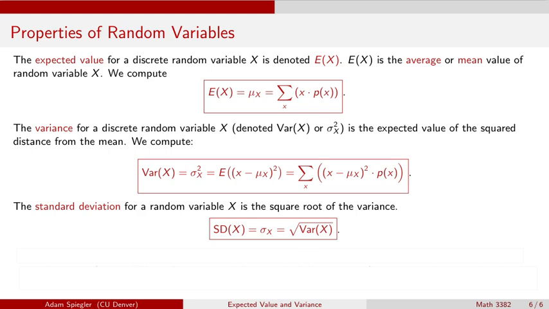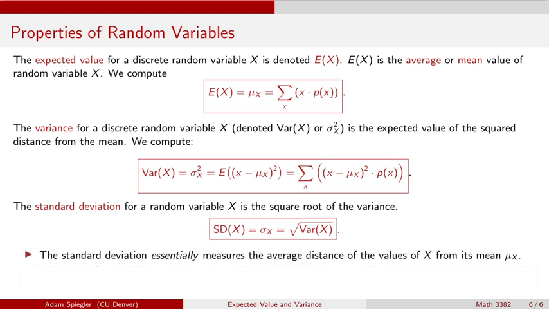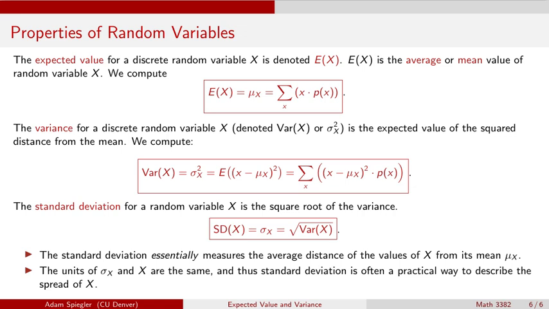And for the standard deviation, we can essentially consider this as the average distance of values from the mean. And I say essentially because when we square something and take the square root, that's not exactly what we're getting, but pretty close. And the units of sigma x, again, are going to be the same as x. And so that's why the standard deviation is often a practical way to describe the spread instead of using the variance.